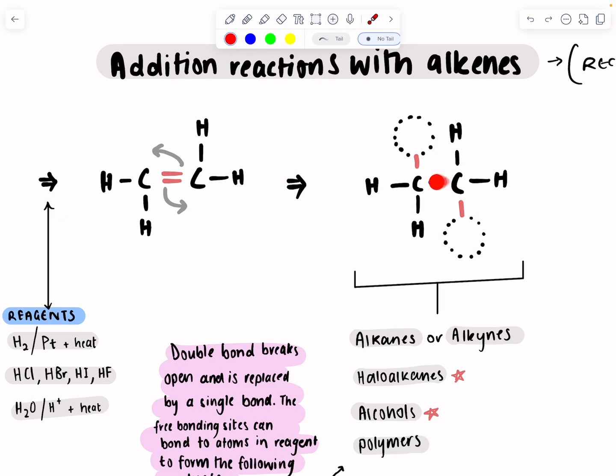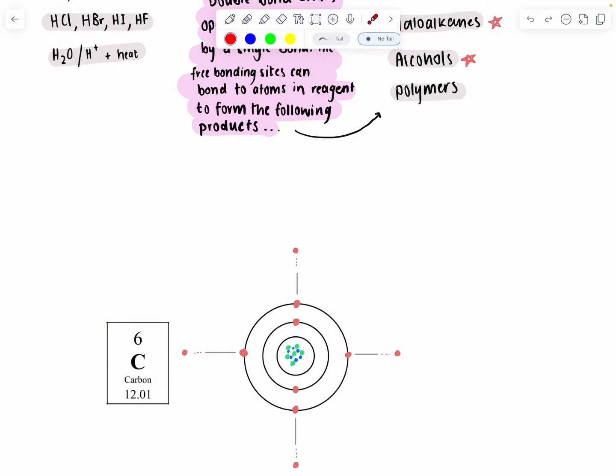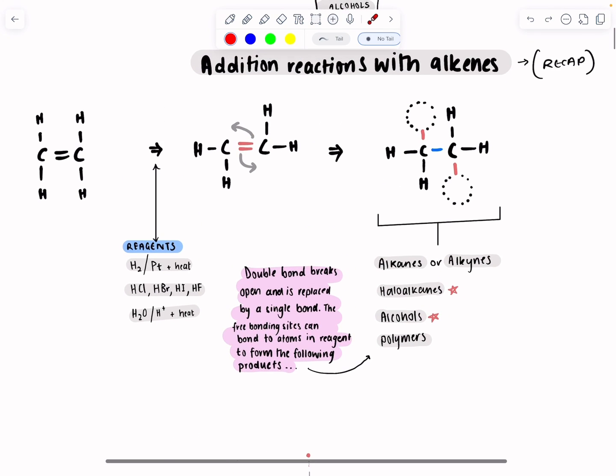And so that's why a single bond is formed, because carbon can have 4 things that it bonds with. So if the double bond opens, a single bond forms in place of that double bond, so that each carbon is bonded to 1, 2, 3, 4 things to have that full outer shell, which contains 8 electrons. So hopefully that makes sense to you. If it doesn't, please let me know.